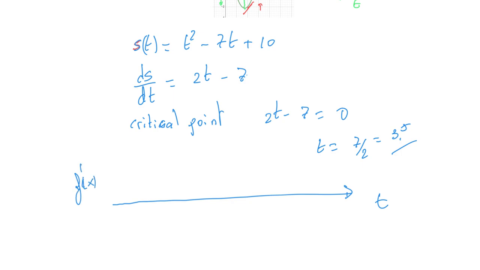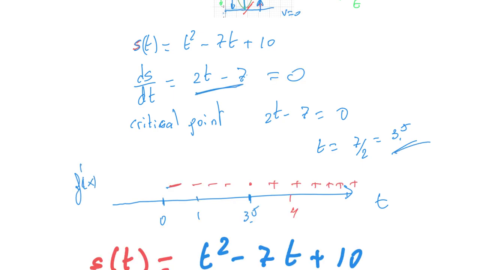Okay, what happened? Before 3.5, if you plug in a number like 1 in the derivative of s with respect to t, you will see that the slope, the velocity, is negative. For t equals 1, 2 multiplied by 1 is 2, 2 minus 7 is minus 5, sorry, but it's negative.